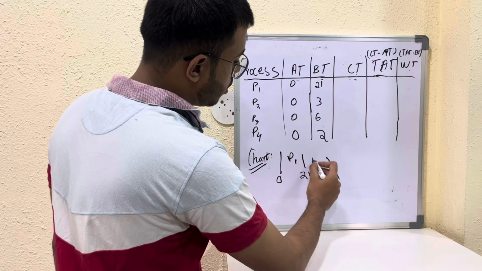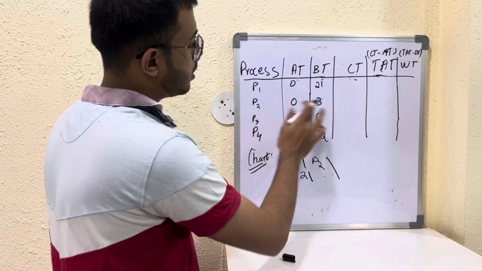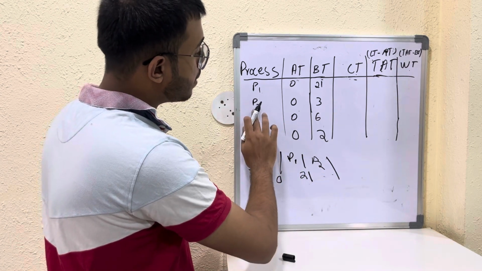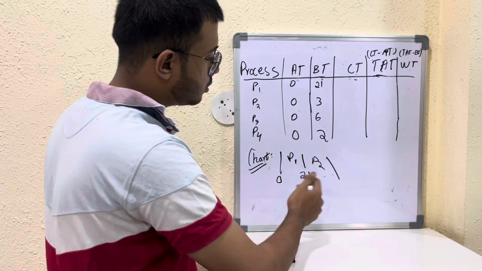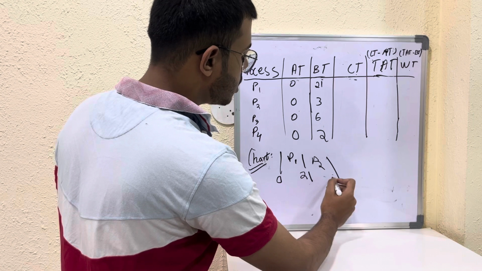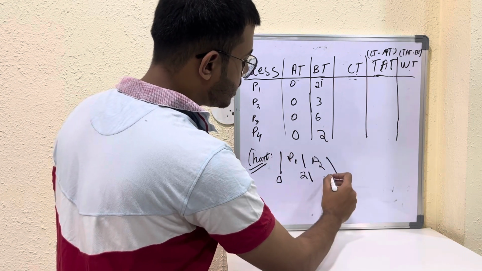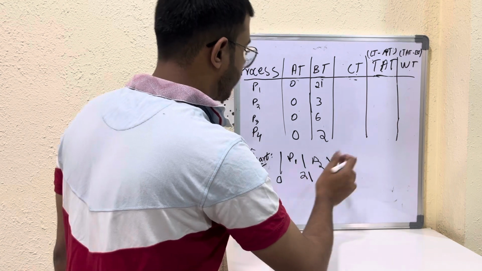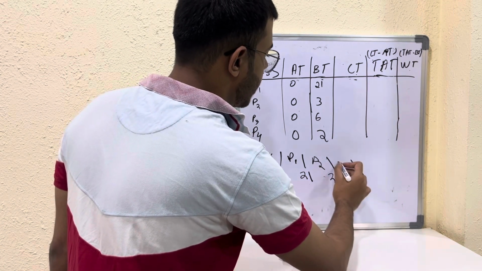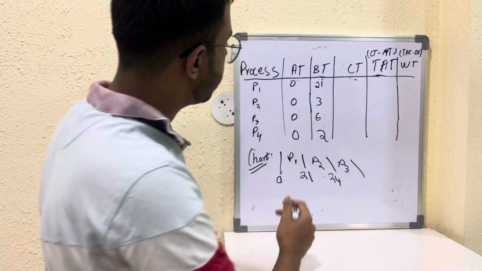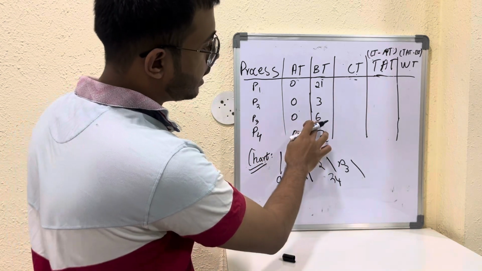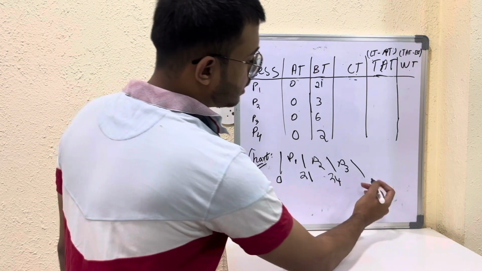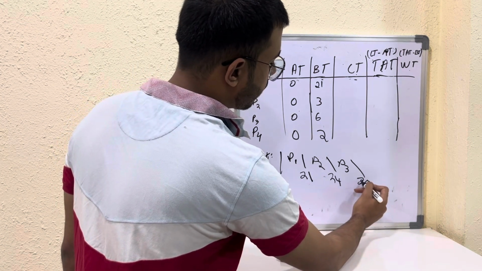Then P2 takes 3 more seconds. So 21 plus 3 is 24. Next is P3, which takes 6 seconds to get completed. So 24 plus 6 is 30.